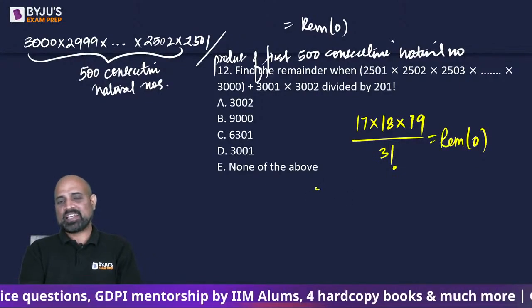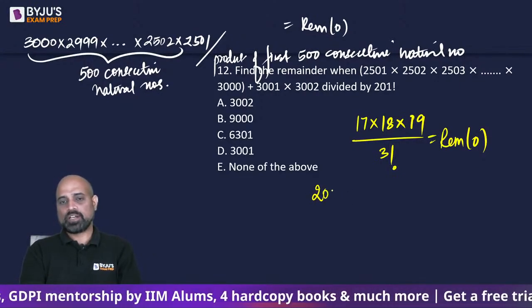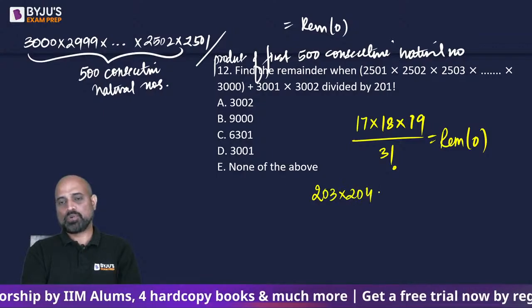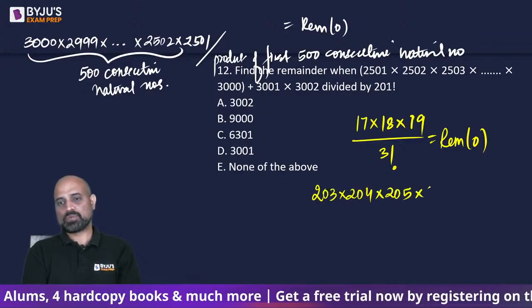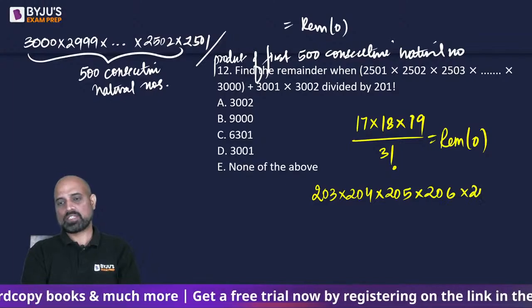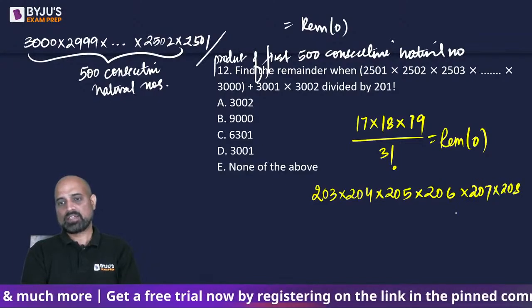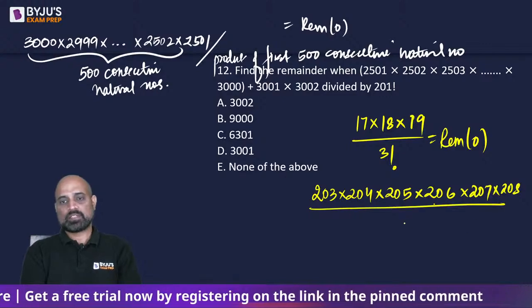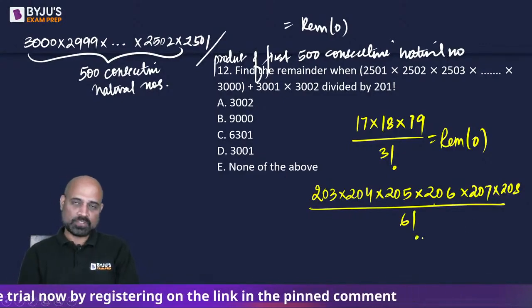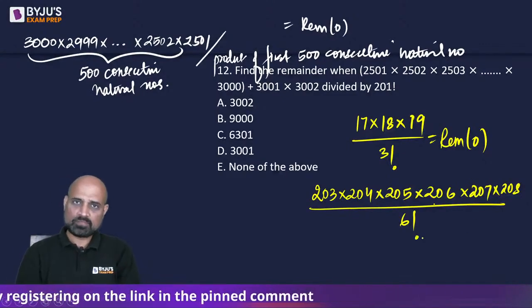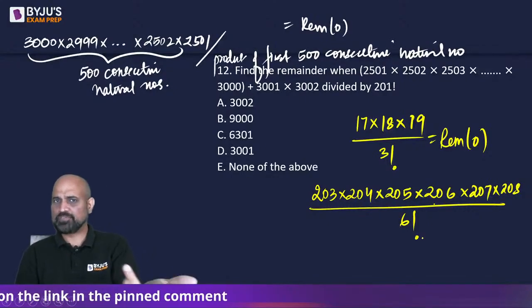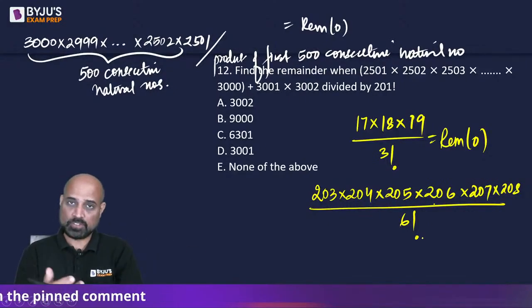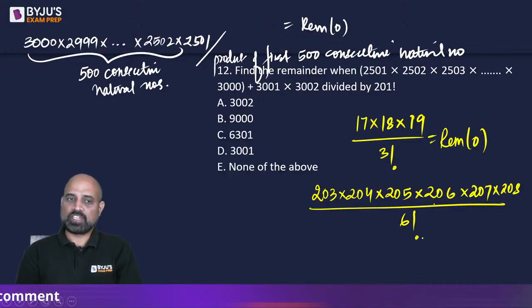Similarly, if I take, let's say, 203 into 204 into 205 into 206 into 207 into 208, this is definitely divisible by 6 factorial. Unless 6 factorial से divisible है तो 5, 4, 3 सबसे divisible होगा, as in factorials of those. Same logic here.